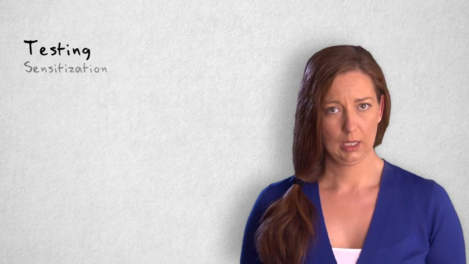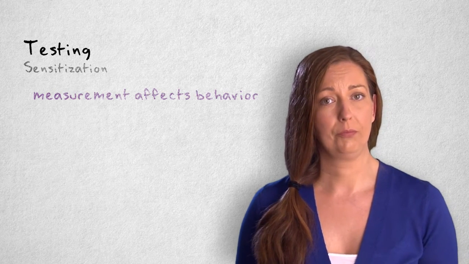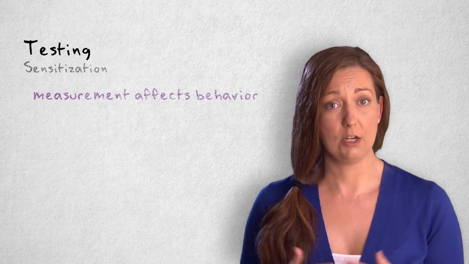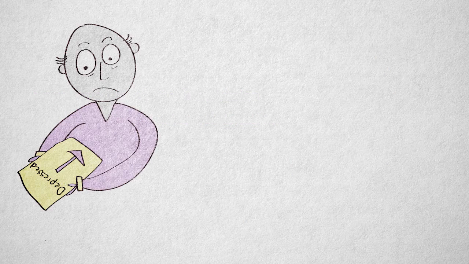The last threat I want to discuss here is testing, also referred to as sensitization. Administering a test or measurement procedure can affect people's behavior. A testing threat occurs if this sensitizing effect of measuring provides an alternative explanation for our results. For example, taking the depression pretest at the start of the study might alert people to their feelings of depression.